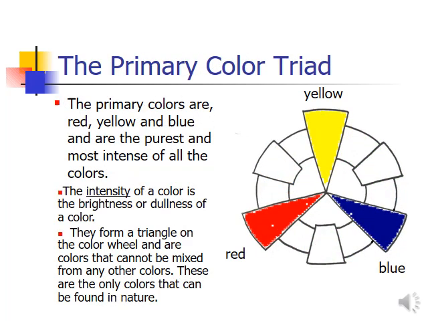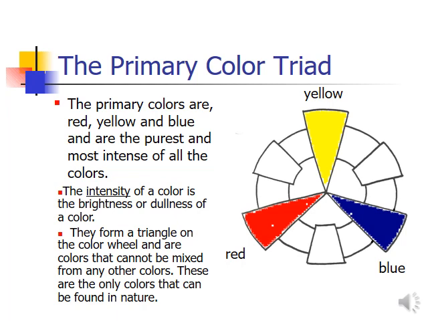So first we have the primary colors triad. The primary colors are red, yellow, and blue, and are the purest and most intense of all the colors. The intensity of a color is the brightness or dullness of a color.